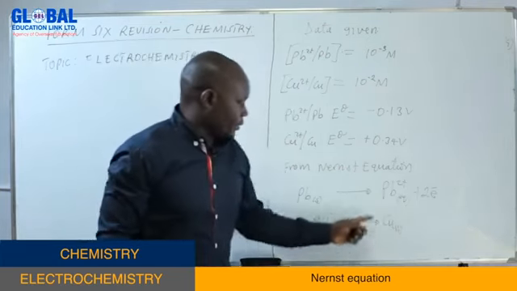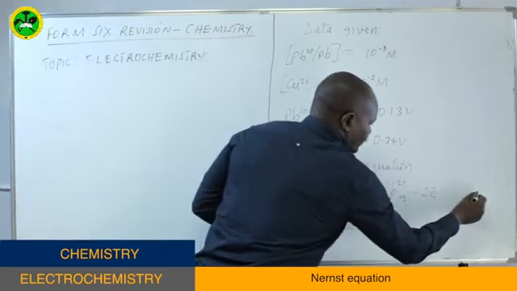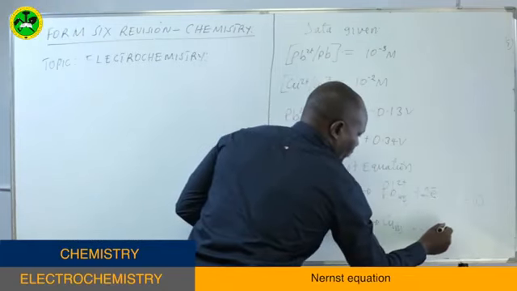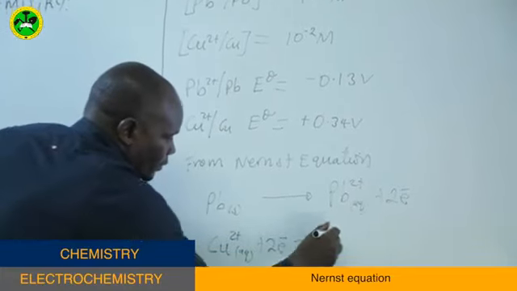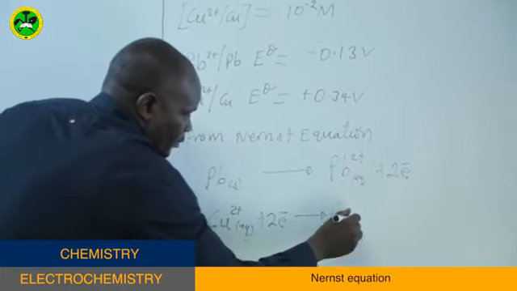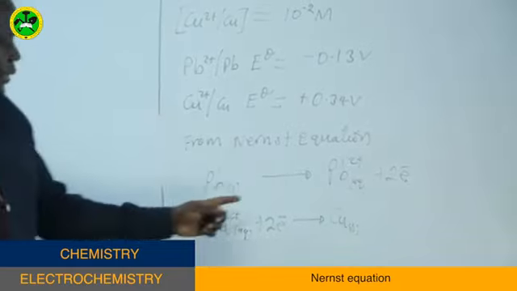So do you see here, this is equation 1 and this is equation 2. Combining the two equations, the number of electrons here is 2 and there is 2. So you don't need to multiply by any variables to balance the equation.